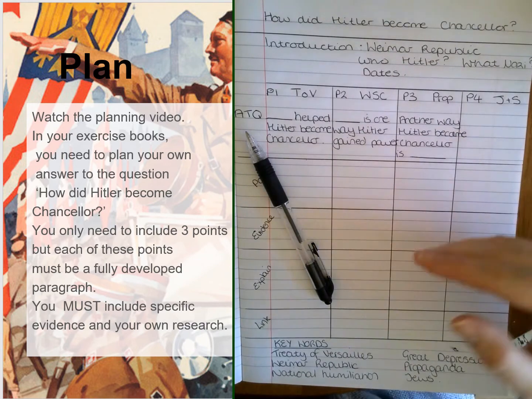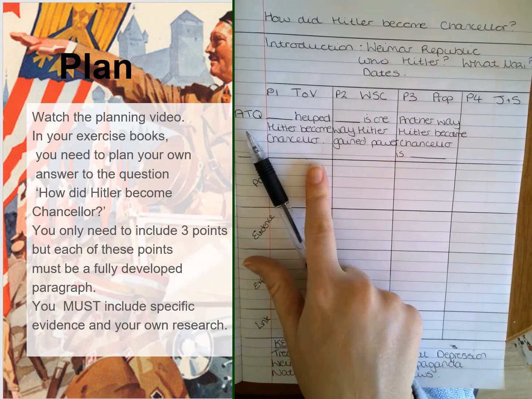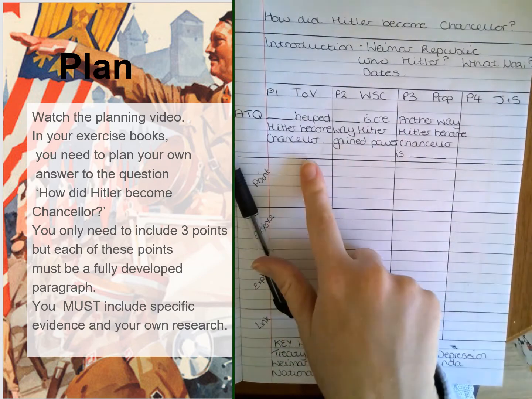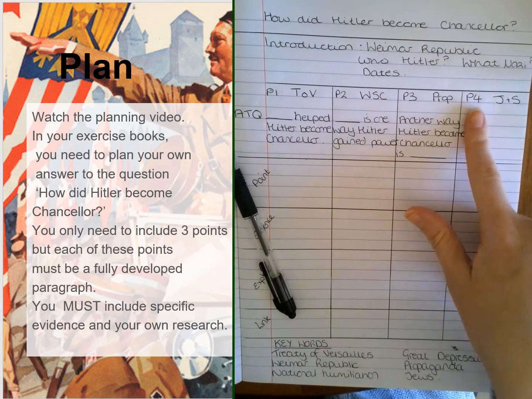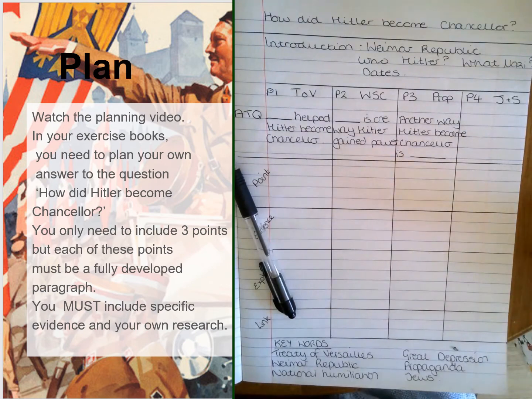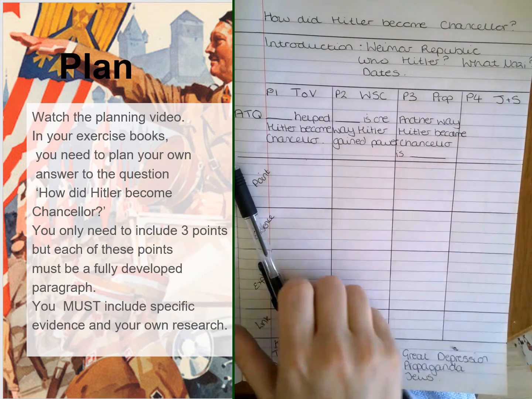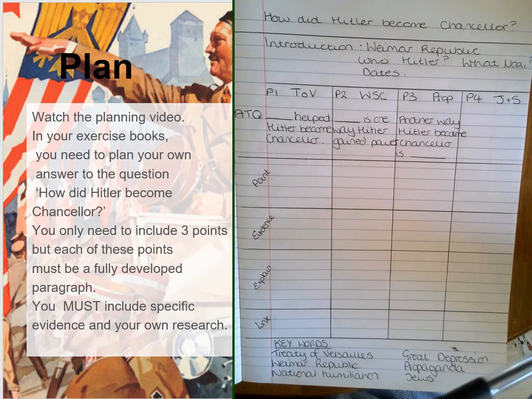So the Treaty of Versailles helped Hitler become Chancellor, or the Wall Street crash helped Hitler become Chancellor, or propaganda is one way that Hitler gained power. A simple sentence that answers the question, how did Hitler become Chancellor? Hitler became Chancellor because of the Treaty of Versailles. How did Hitler become Chancellor? Hitler became Chancellor because of the Wall Street crash. Obviously, people who are hoping to push themselves forward are not going to reuse the same sentence each time.